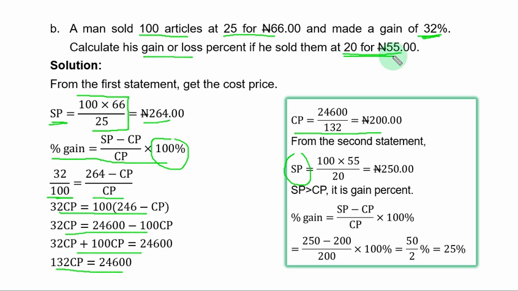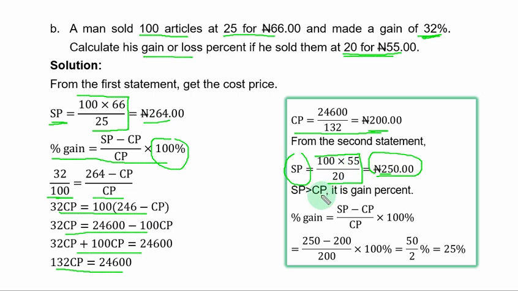So the selling price from that transaction is 100 times 55 divided by 20, and that is 250 naira. It is clear that the selling price is greater than cost price, therefore gain is made.